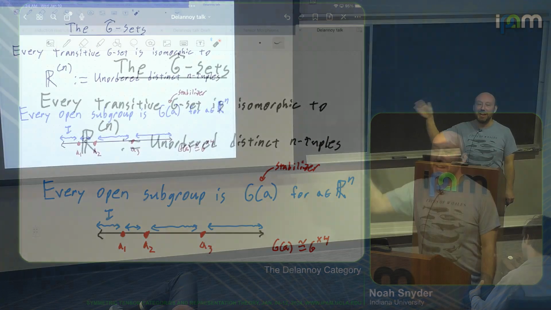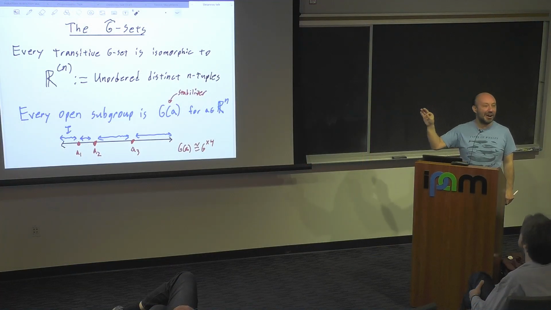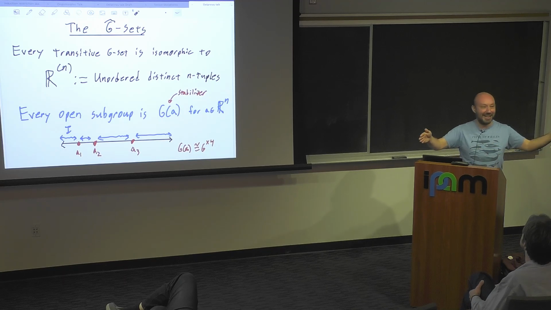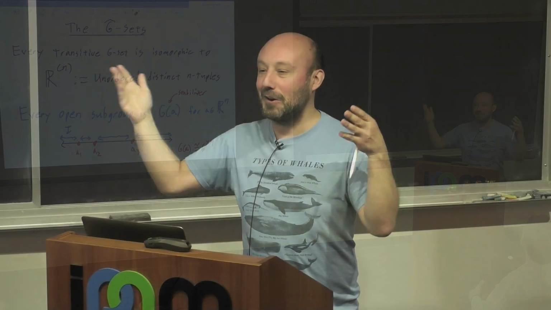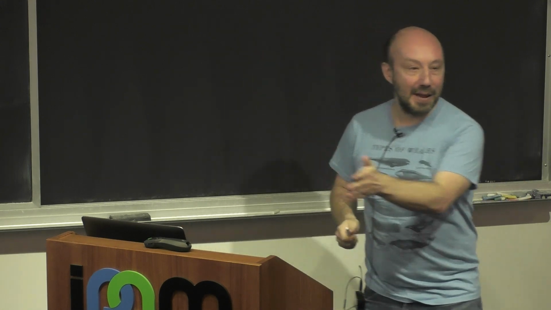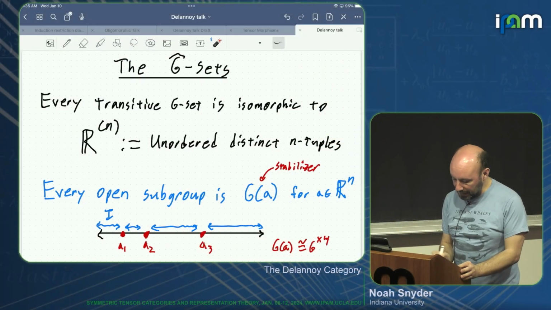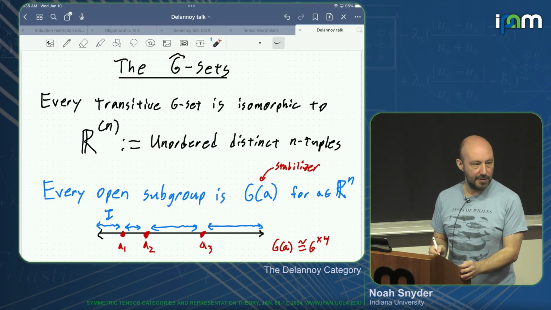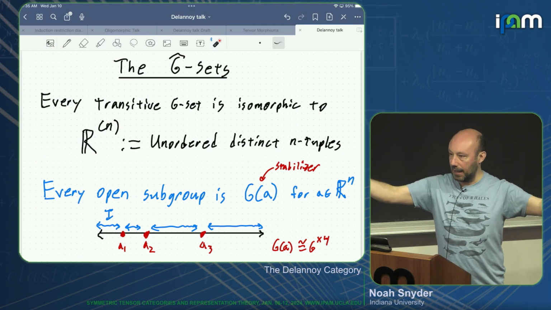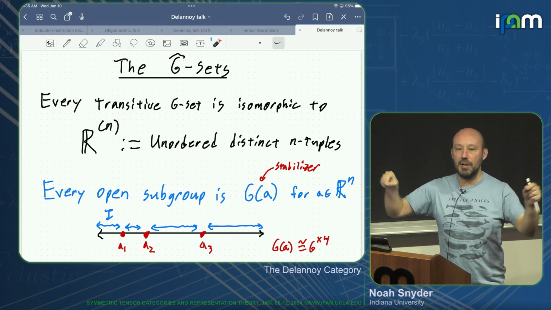Now, this says unordered in the sense that they are not given an ordering. Of course, they lie on a line. So instead of saying that they're unordered, you could think that they're canonically ordered. They're just ordered by where they are in the line rather than some additional ordering that you put in. Okay, unordered distinct n tuples. The open subgroups look like stabilizers of these kinds of things. So I take a bunch of points in the line, and I'm going to look at the stabilizer of that.